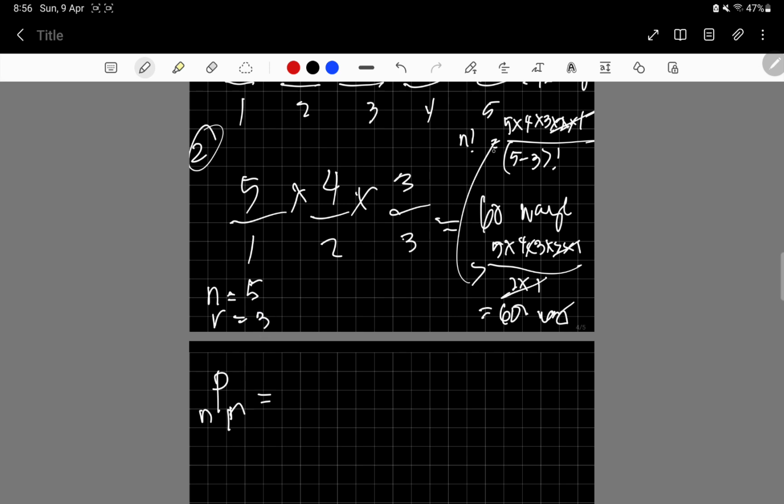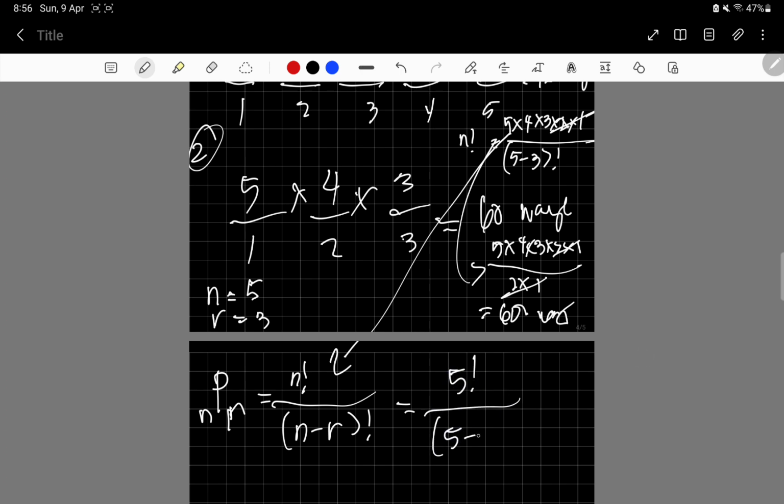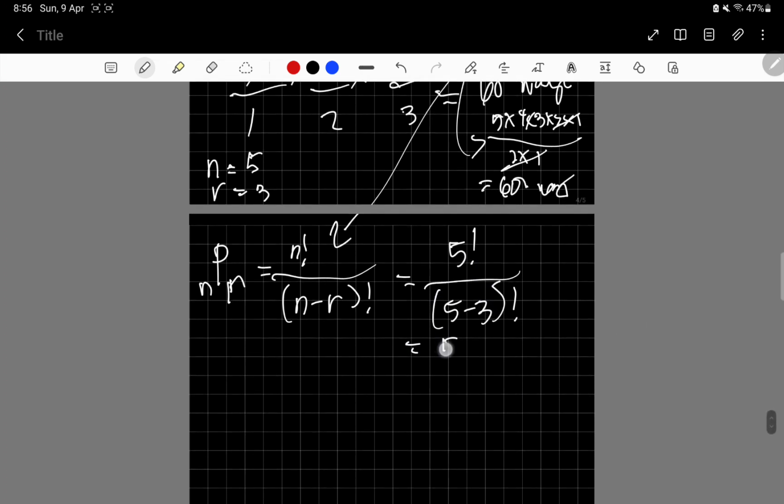Dito pumapasok yung formula natin, n factorial over n minus r factorial. Kung gagamitin natin to, that is 5 factorial over 5 minus 3 factorial, which is equal to 5 factorial over 2 factorial, which is equal to 60 ways.